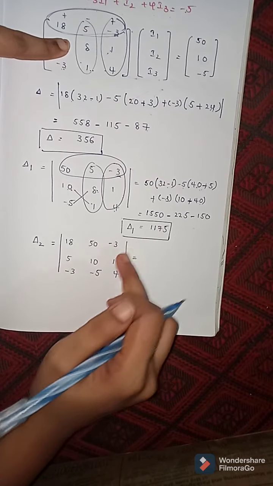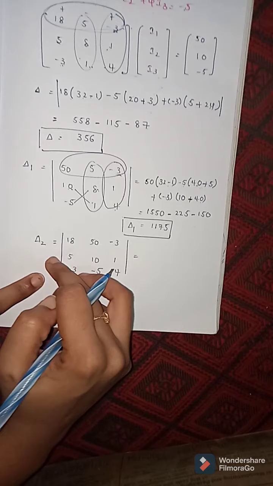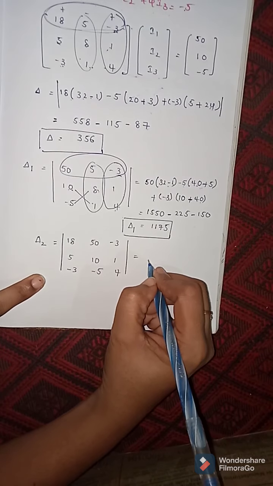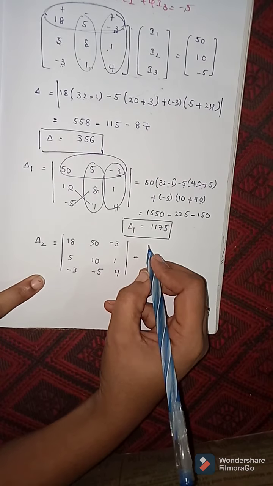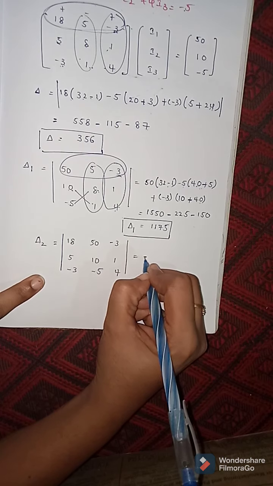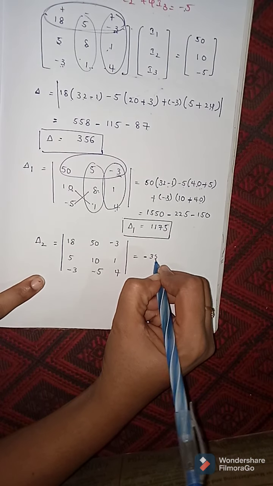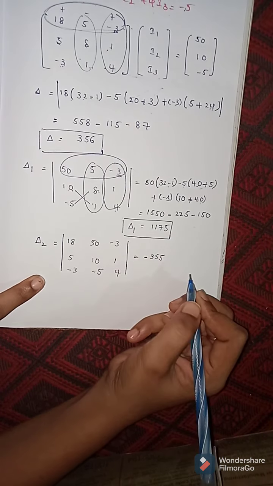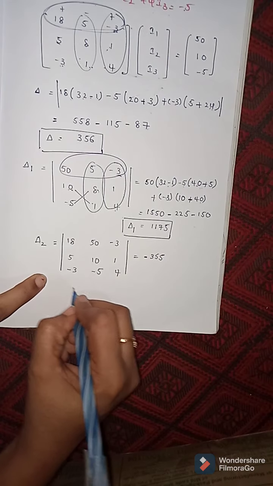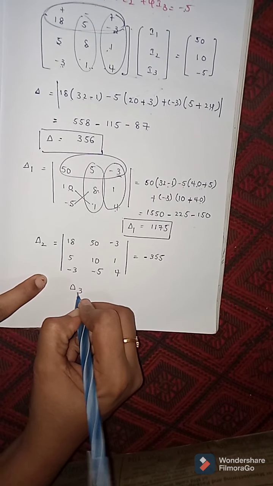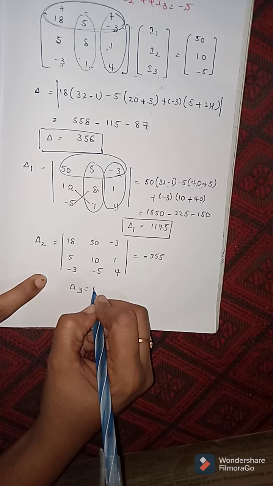Similarly we can find the delta 2. The answer is minus 355, and delta 3 is equal to 525.